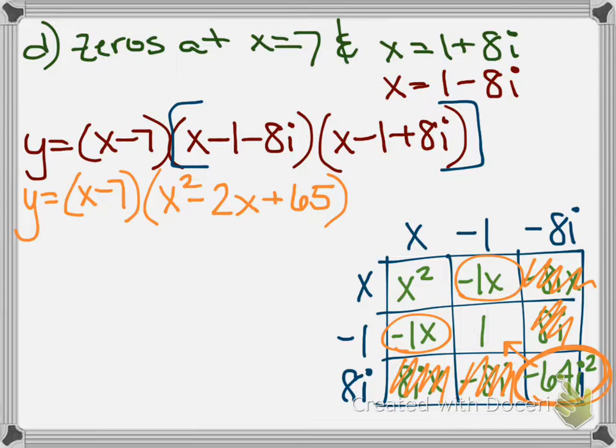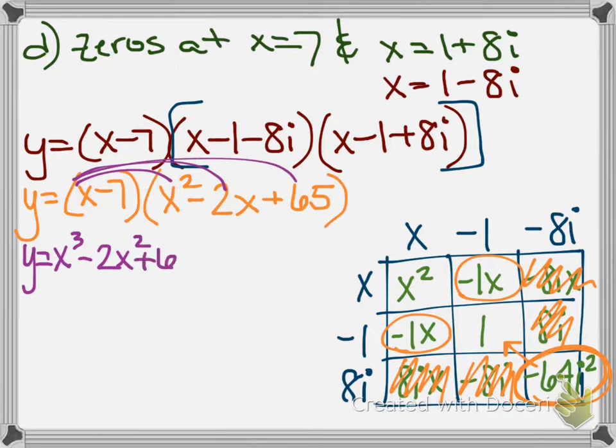I'm going to FOIL. So I have x times x squared is x to the third. x times negative 2x is negative 2x squared. x times 65 is 65x. Negative 7 times x squared is negative 7x squared. Negative 7 times negative 2x is positive 14x.